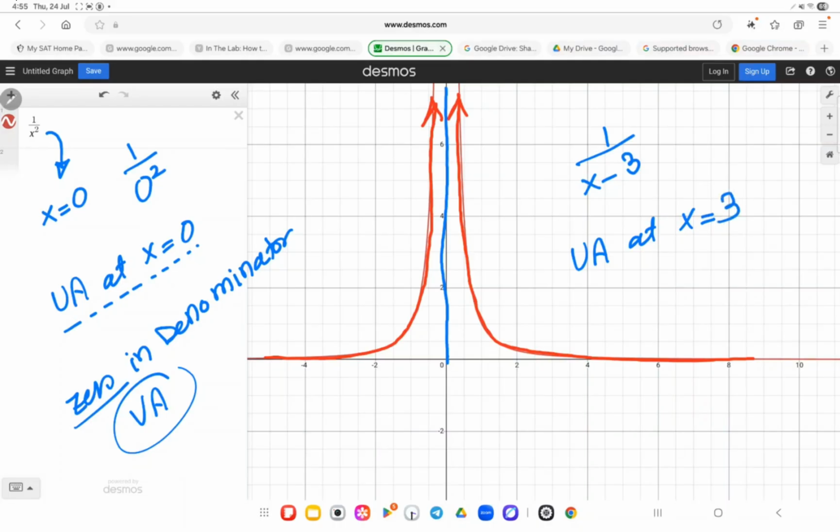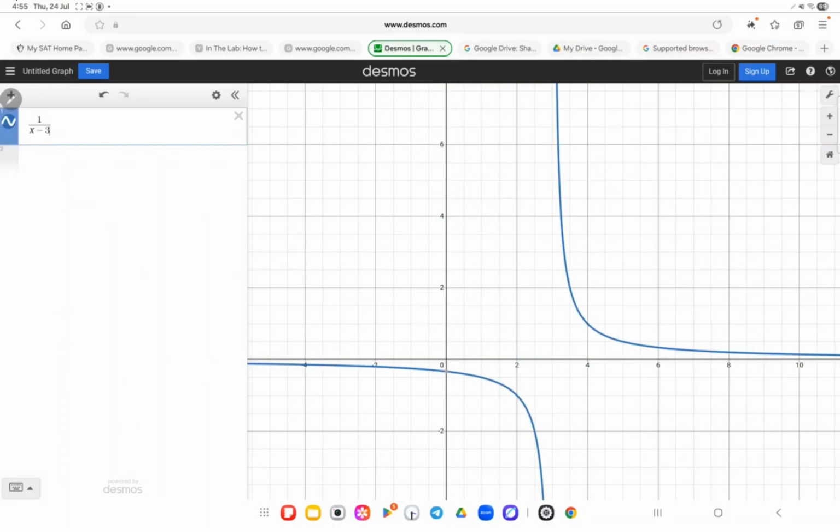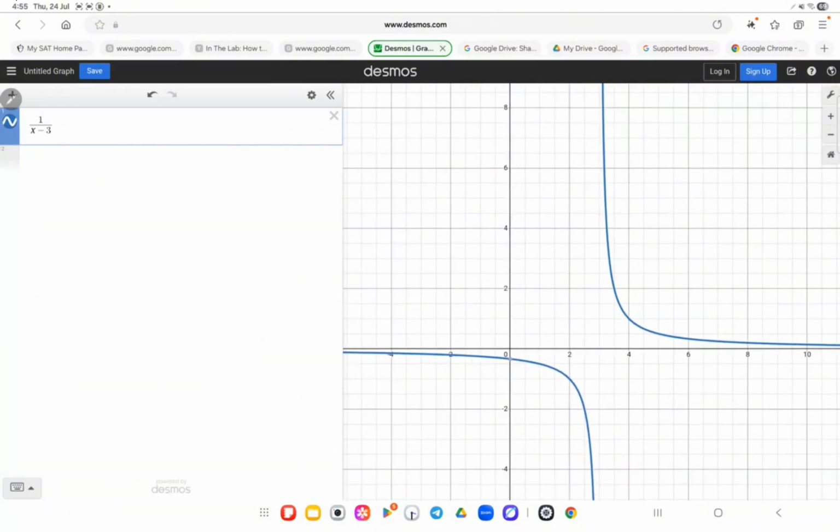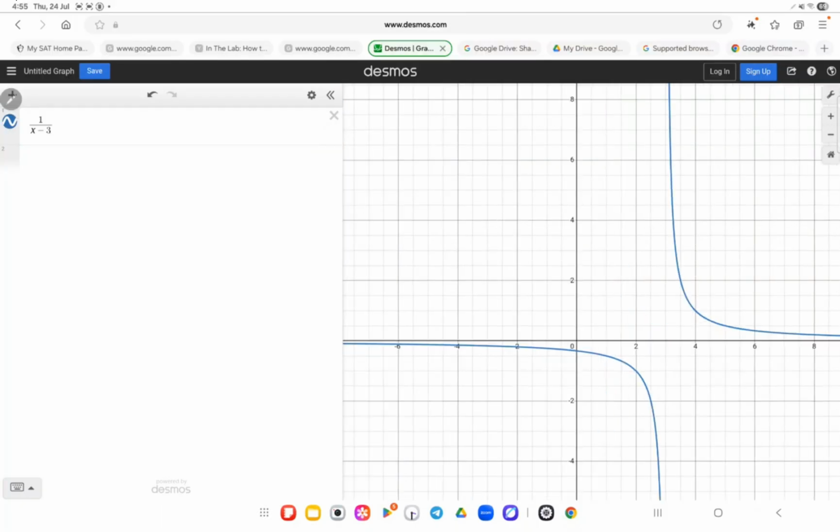Let's draw that. Now that's drawn, what do we see? We see that from the left-hand side, we are approaching negative infinity; from the right-hand side, we're approaching positive infinity.